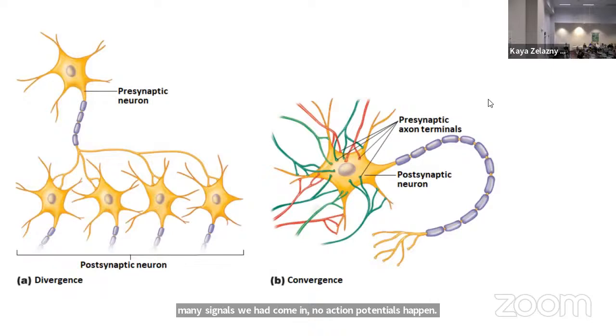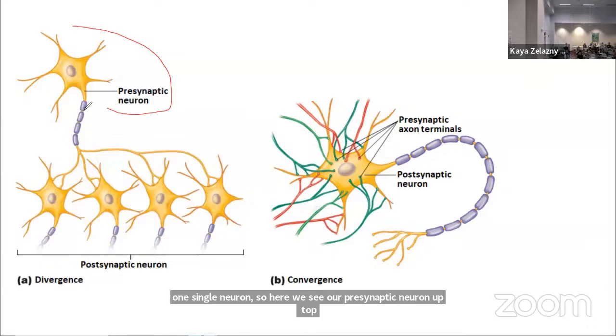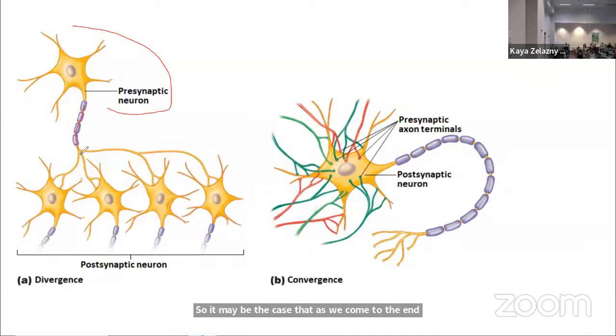Right, and this is why we're thinking about integration, neural integration. So putting together multiple signals. Okay. So sometimes we'll have it be the case that one single neuron, so here we see our presynaptic neuron up top, right? So it may be the case that as we come to the end of its axon, it splits out and has axon terminals acting on multiple different cells.